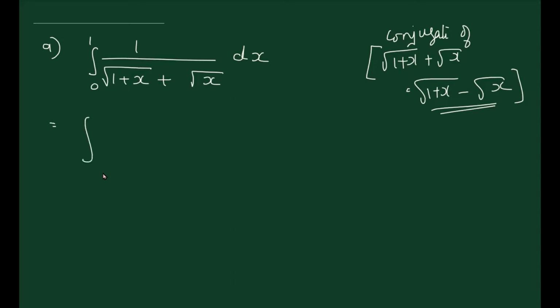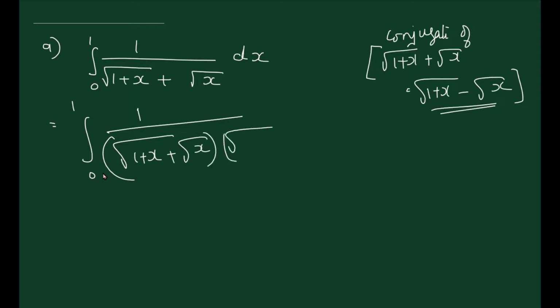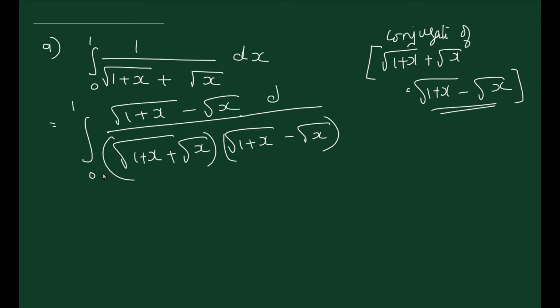Okay, so we get this way, that is 0 to 1, 1 upon root of 1 plus x plus root of x into root of 1 plus x minus root of x over here. Okay, and in the denominator also we have to multiply with the same term. So instead of writing 1 over here, we'll write it as root of 1 plus x minus root of x dx.